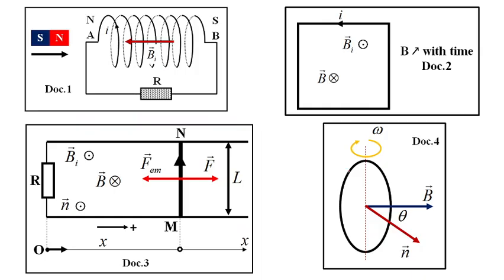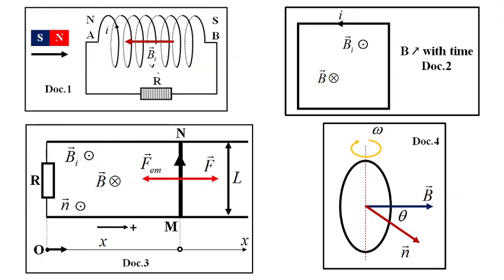Now these are the four cases that can come. Document 1: a magnet is moved towards a coil. Here we have a change in B, a magnetic field that increases with time.